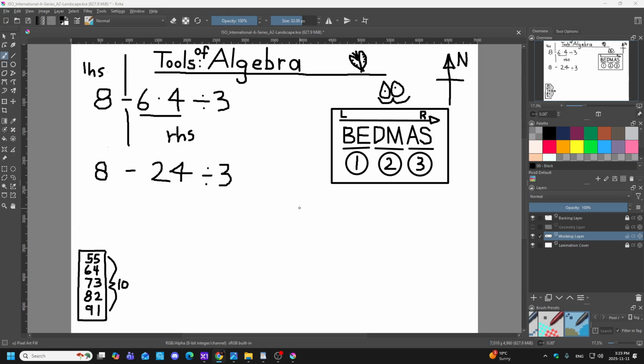Okay. With that said, here's another way of writing the problem. Continuing with the fact that our 8 is on the left-hand side, I could turn this into a fractional form. Myself, personally, I prefer working and turning these division type symbols into fractional form.